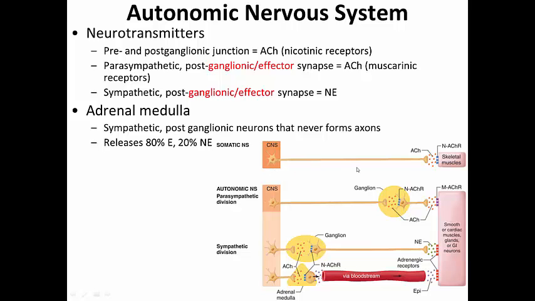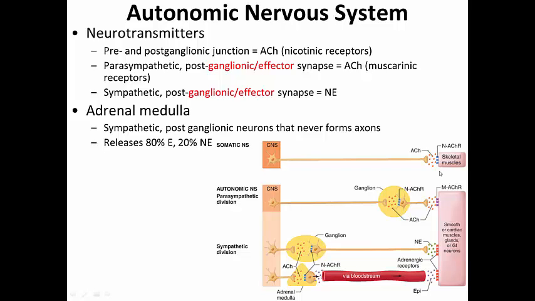Here we begin with the somatic nervous system, and this is something that we're all aware of, but we review once again and see that we have a single neuron that goes from the central nervous system all the way out to the effector, which is a skeletal muscle. We see, as we well know, that we have acetylcholine that's released as the neurotransmitter between this motor neuron and skeletal muscle. And we have nicotinic acetylcholine receptors that we've discussed previously in this chapter that are located on the skeletal muscle.